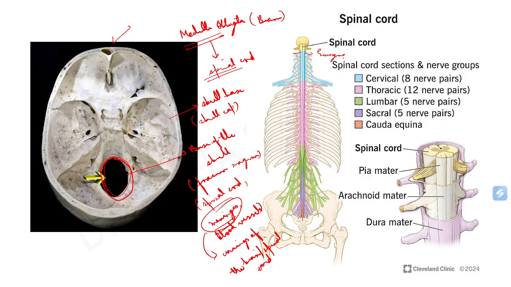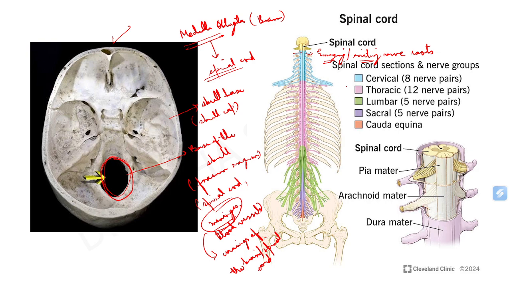Exiting or emerging nerve roots come from the spinal cord, and they go and supply appropriate parts of your body, maybe your face, your upper limb, your lower limb, or your thoracic muscles.